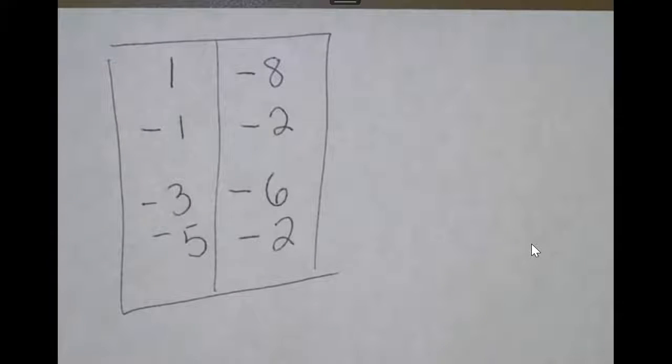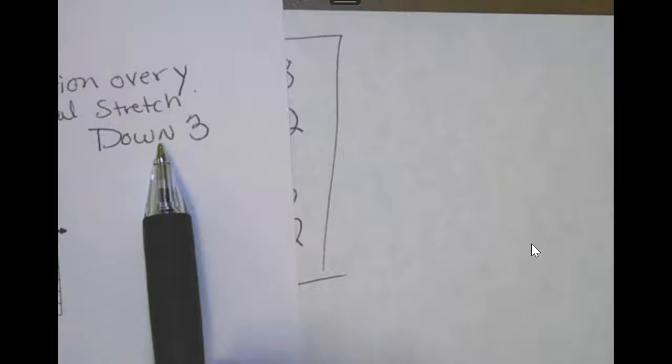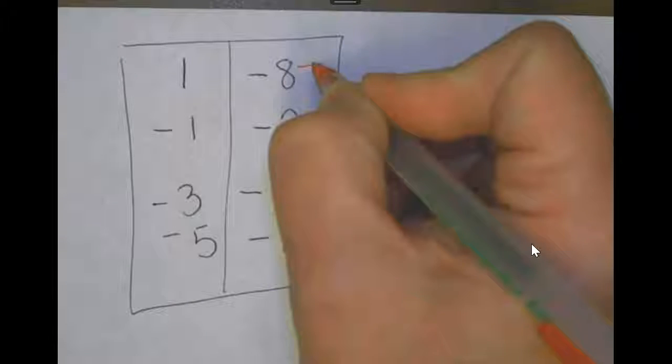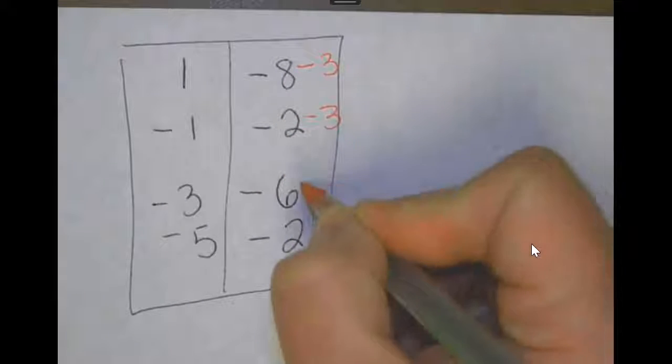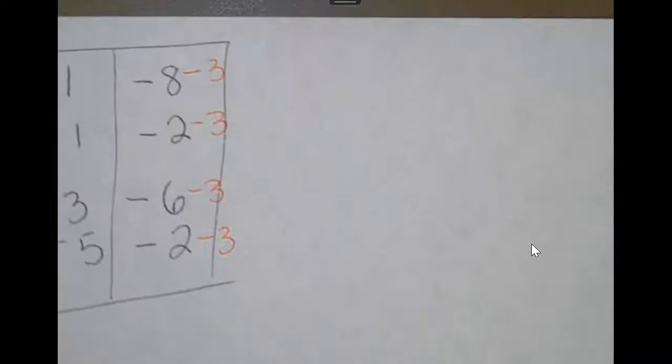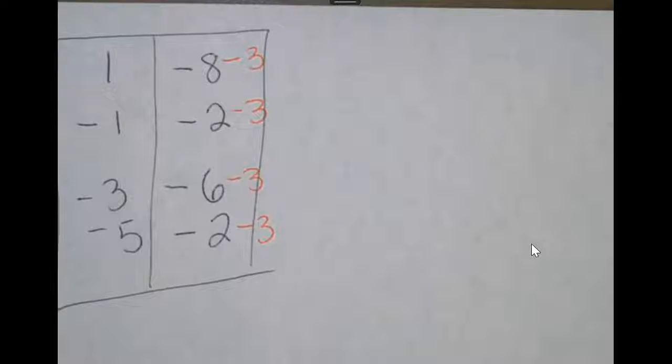Then I have one more thing to do. Down 3. Is that in the X direction or the Y direction? Down. Down is in the Y direction. So from my Y column, I'm going to subtract 3 from each one of those numbers for my final table.